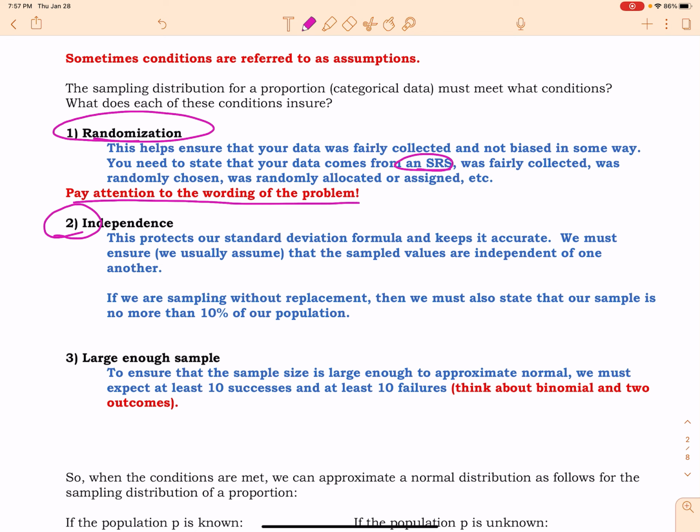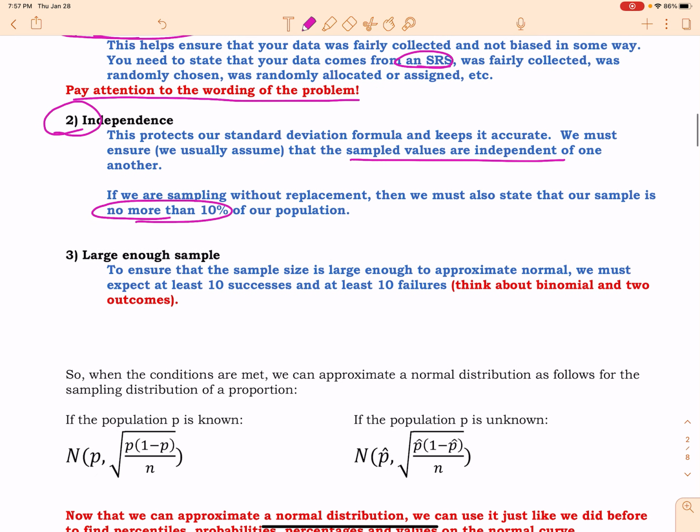We're not only going to say that the individuals sampled are independent of one another, we are also going to state that our sample is no more than 10% of our total population. So we also need to know that information. That's generally speaking a good place to be. So we want our sample size to be less than 10% of our total population.